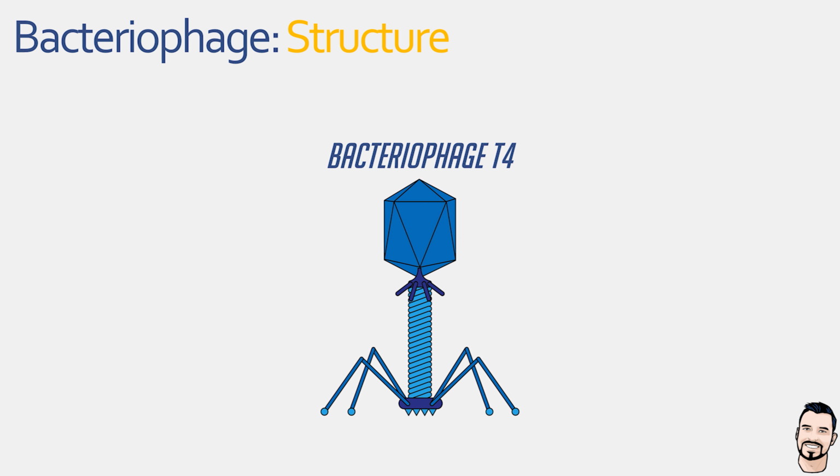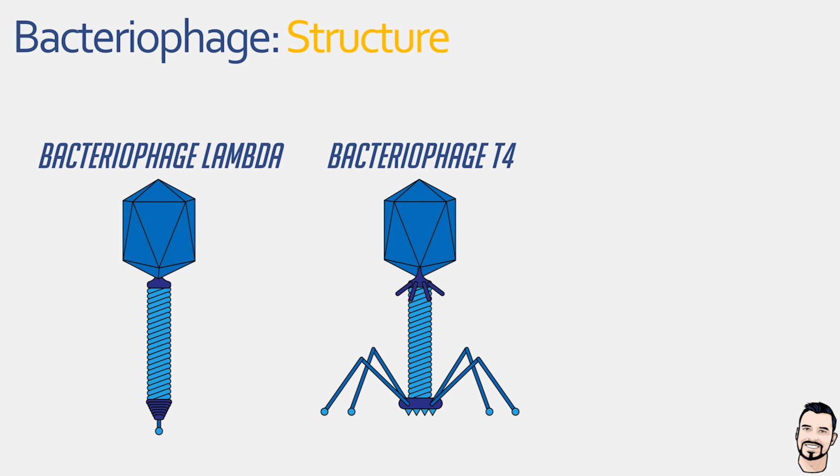Now as with other viruses, bacteriophage come in a range of different shapes, sizes and complexities, and whilst bacteriophage T4 is the most common depiction of a bacteriophage in textbooks, most likely due to its overly complex shape, feature set and futuristic looks, there are many different varieties. For instance, bacteriophage lambda, which also infects Escherichia coli, is slightly less complex with fewer tail fibres and a flexible tail.